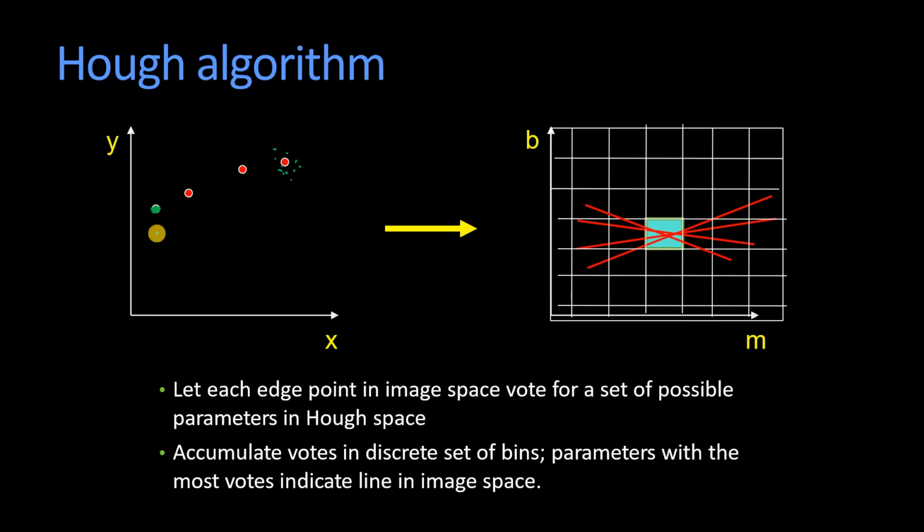To solve all these problems, we take each pixel, each point, and we plot it on the MC plane or Hough space. We use a line for each of those points. So we take a point and we make a line for it.